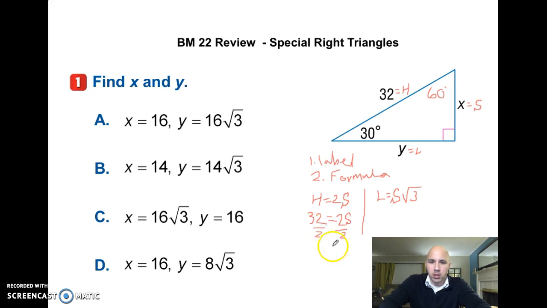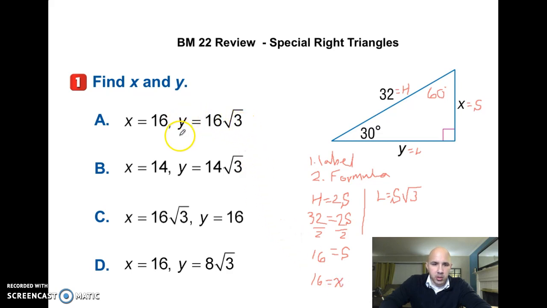Then we solve for s, which is going to be 16. So my shorter side is going to be 16. The s represents x, so I'm just going to substitute that, and I should have done that earlier, but I didn't. So you got 16 equals x.